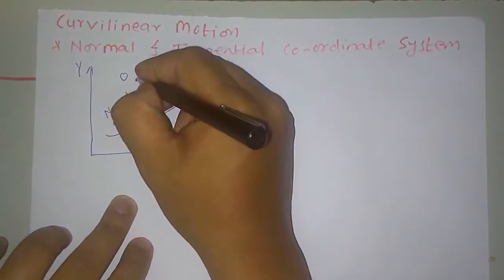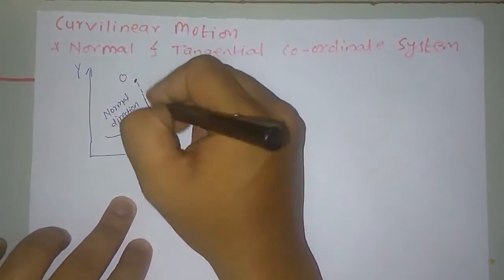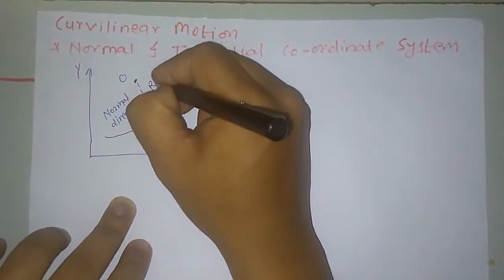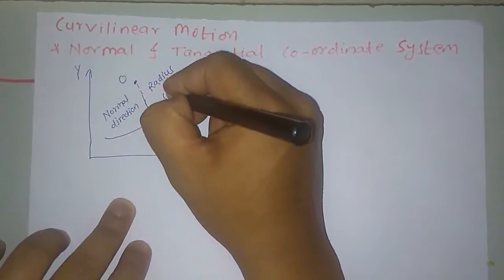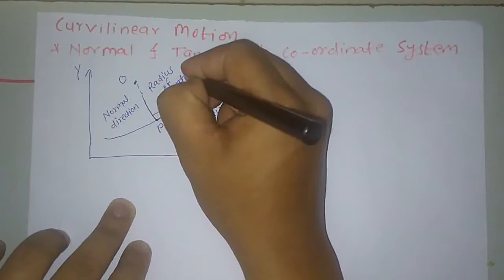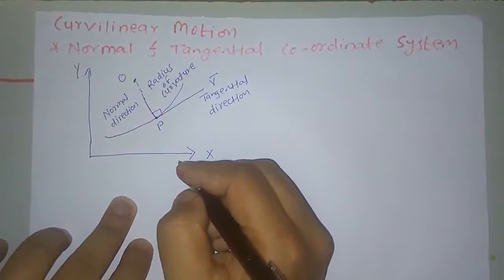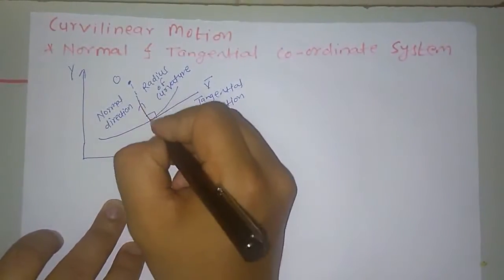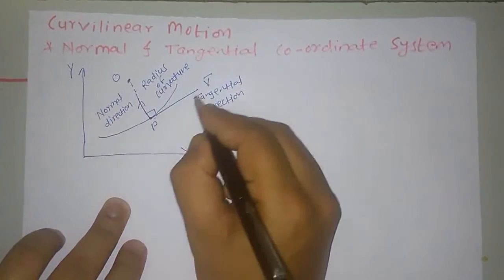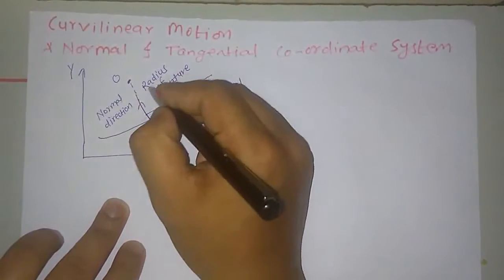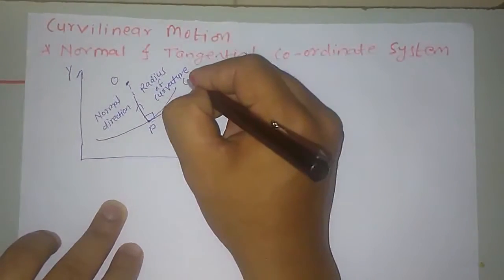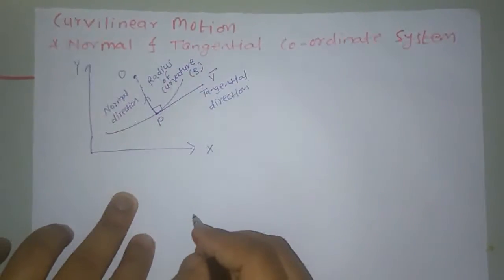As this is the center and this is the curve, this will be the radius. So we call this the radius of curvature. This direction is the normal direction, this direction is the tangential direction. From O to P it is the radius of curvature, and we denote radius of curvature by rho.